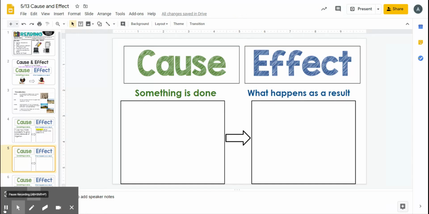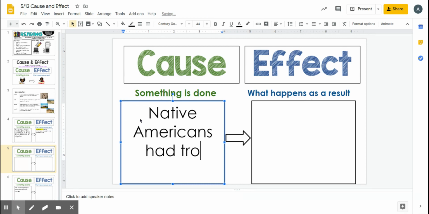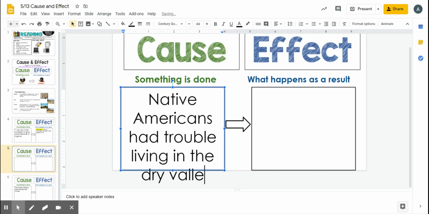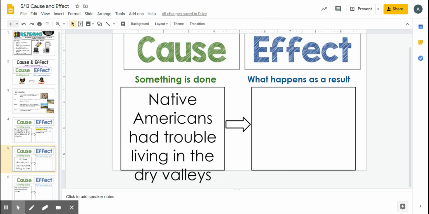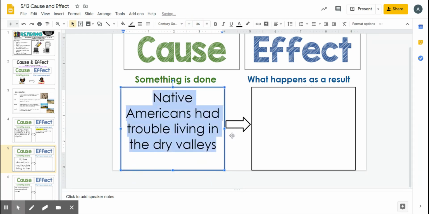So now back to our chart. What was the cause? What happened to the Native Americans? Right. The Native Americans had trouble living in the dry valleys. So think to yourself, what was the result of them having trouble living in these dry valleys?